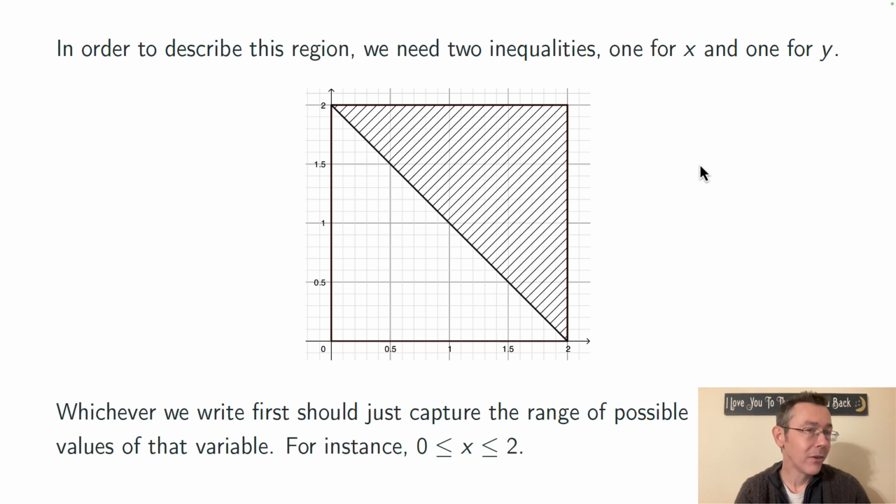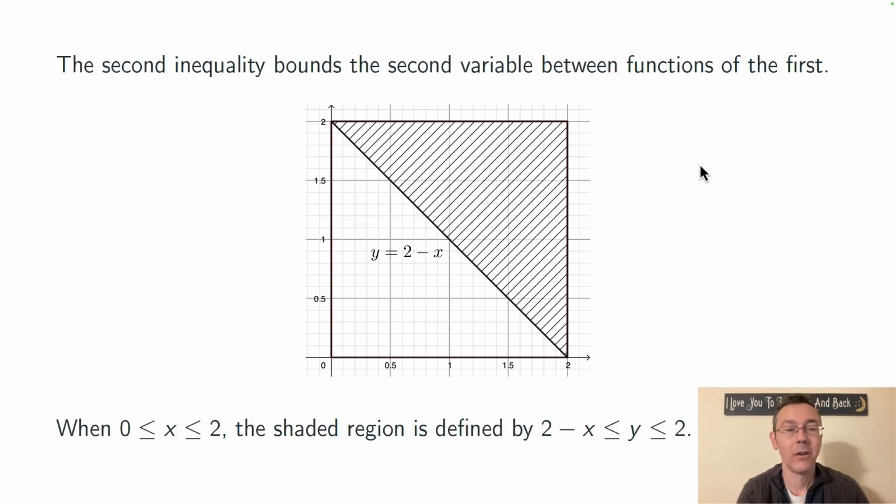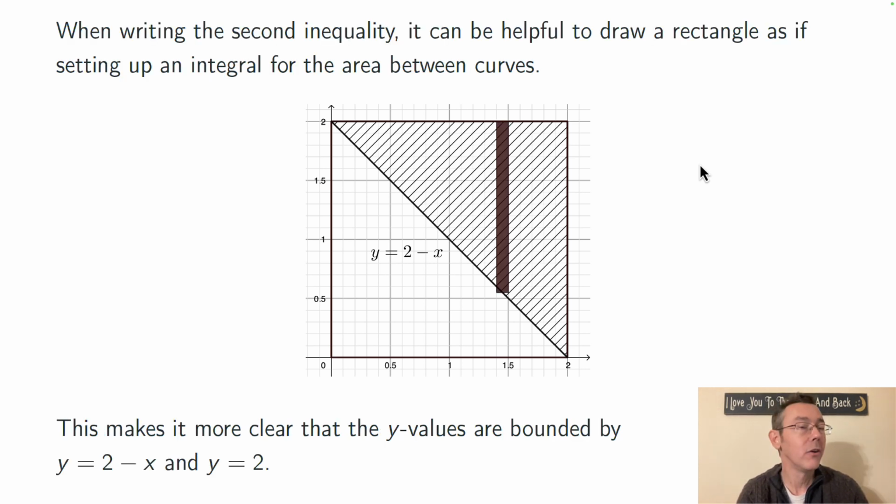Now, for that second variable, the limiting values of y can potentially depend on values of x. So, when x is between 0 and 2, as we've already decided it must be from our first set of inequalities, the shaded region lies above the line y = 2 - x and below the line y = 2. I think it's helpful to draw in a rectangle just as you would if you were setting up an integral for area between curves.